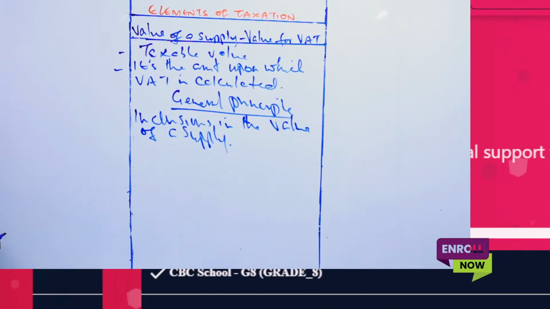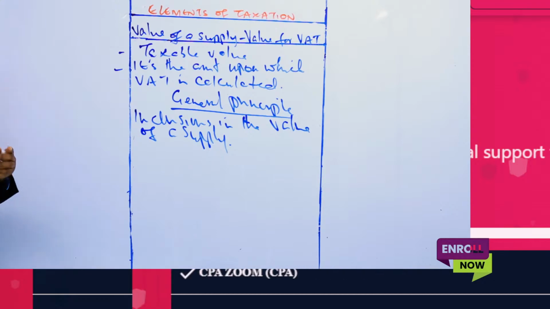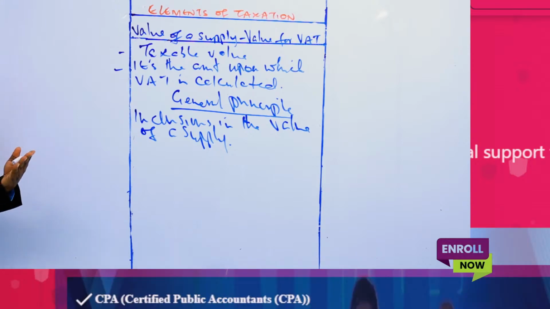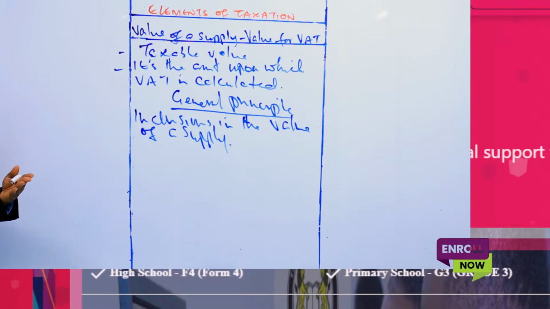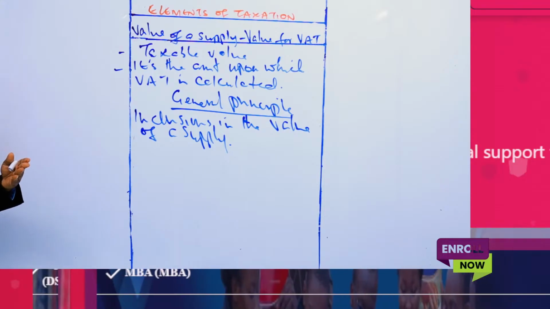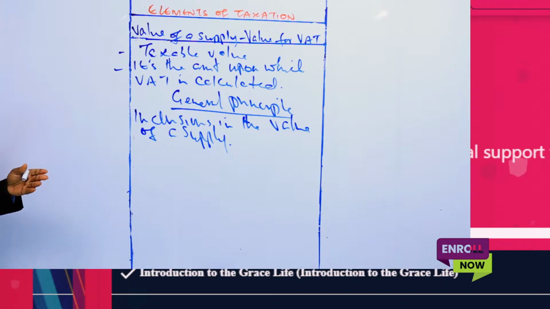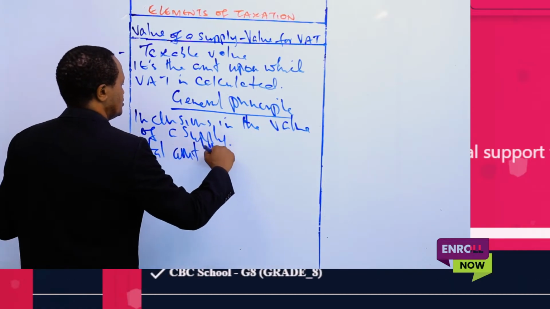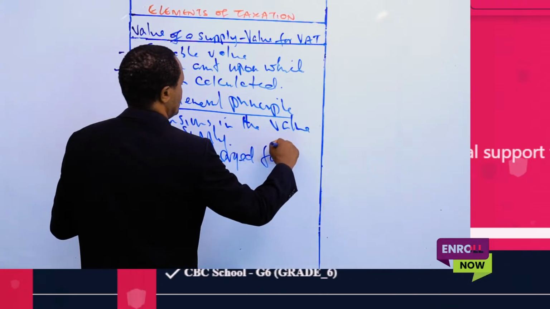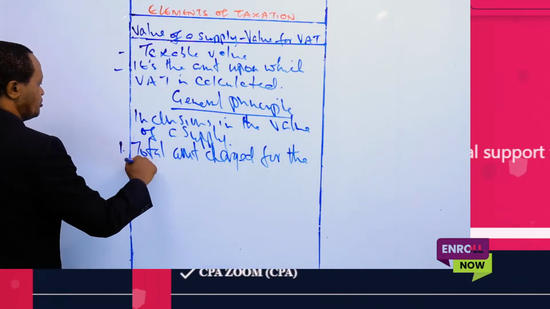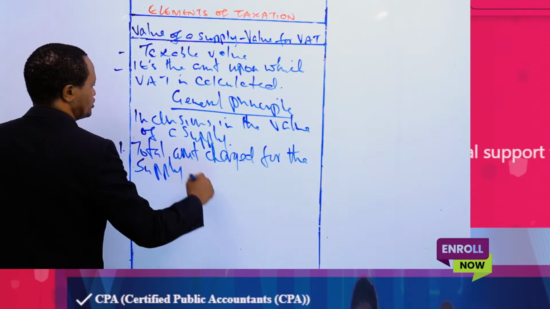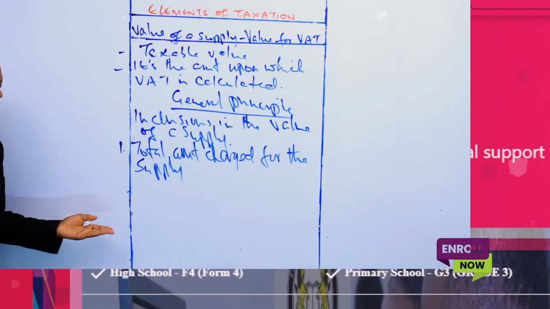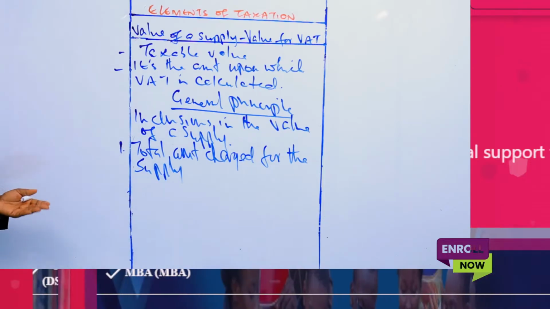Number one, the consideration for a supply is broadly defined and includes the total amount charged for the supply, and this supply could be a good or a service.